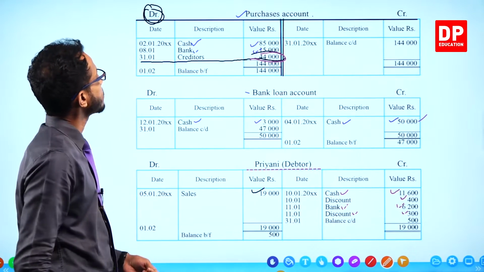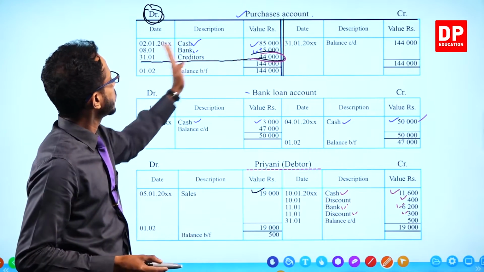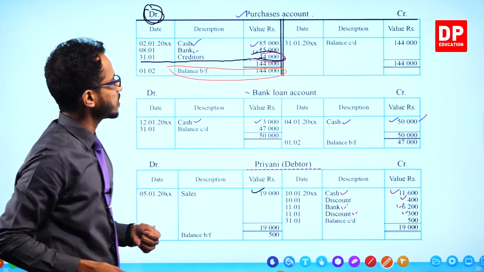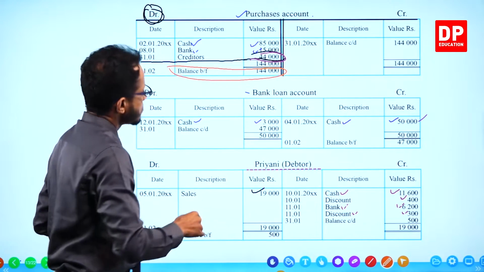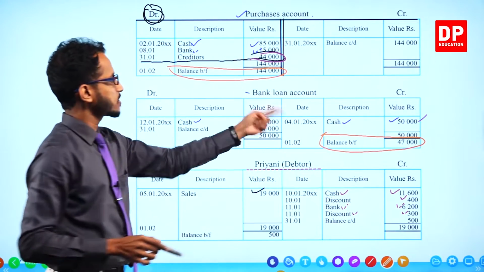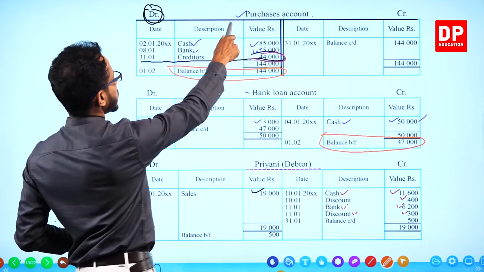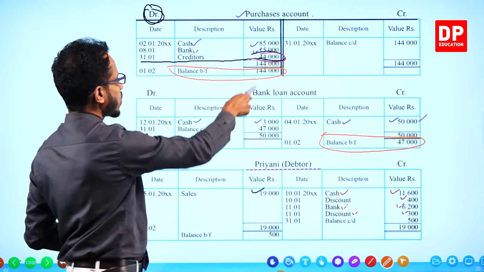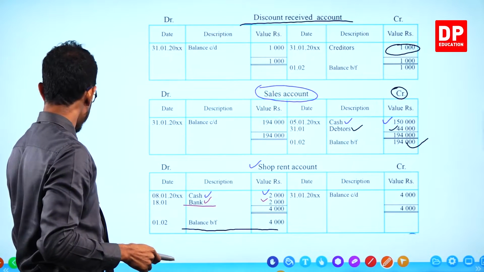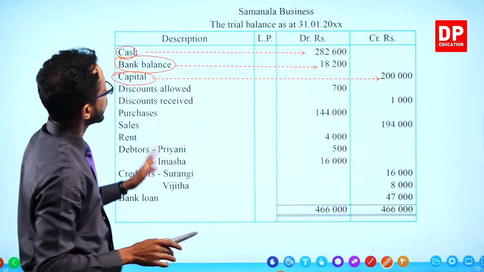And go ahead. Purchases account, it's balanced, and the balance is 144,000 in the debit side. Bank loan account, 47,000 in the credit side. First, let's check whether purchases account is there. 144. Trial balance. Yeah, you're there.